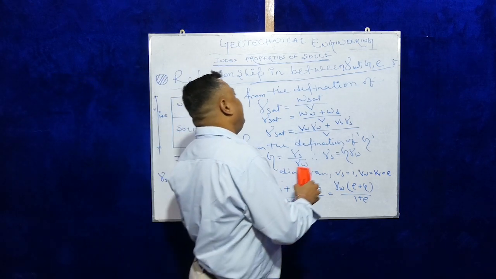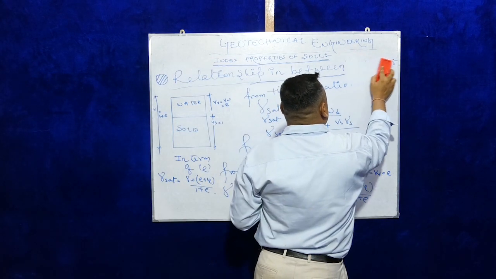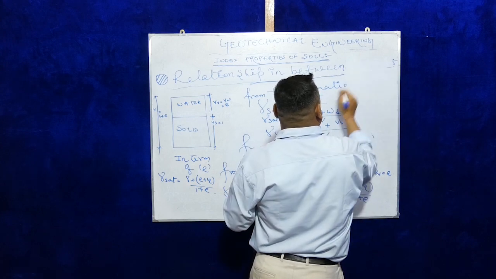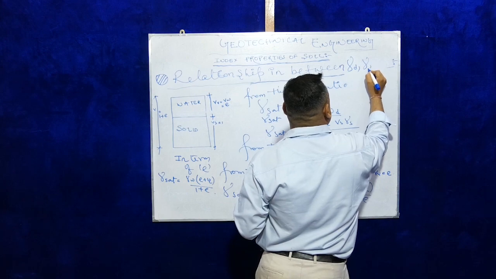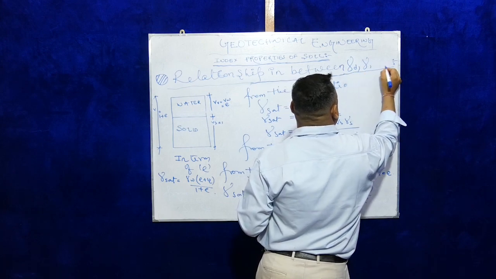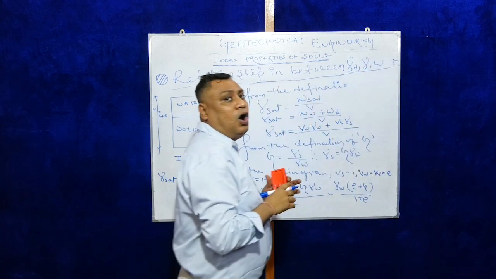The next relationship is between dry unit weight, bulk unit weight and water content of soil sample.